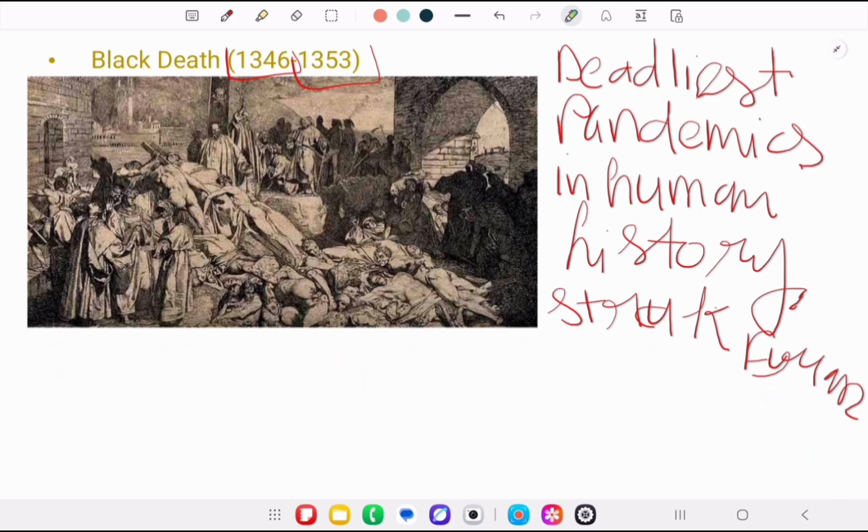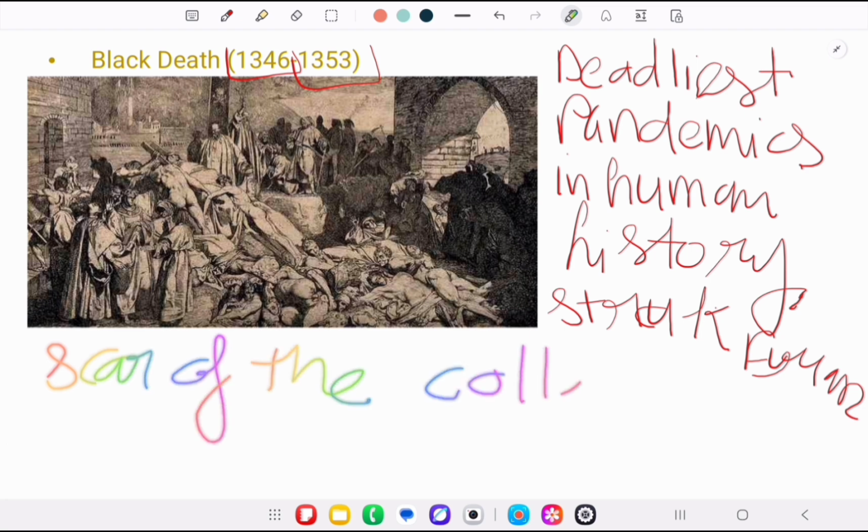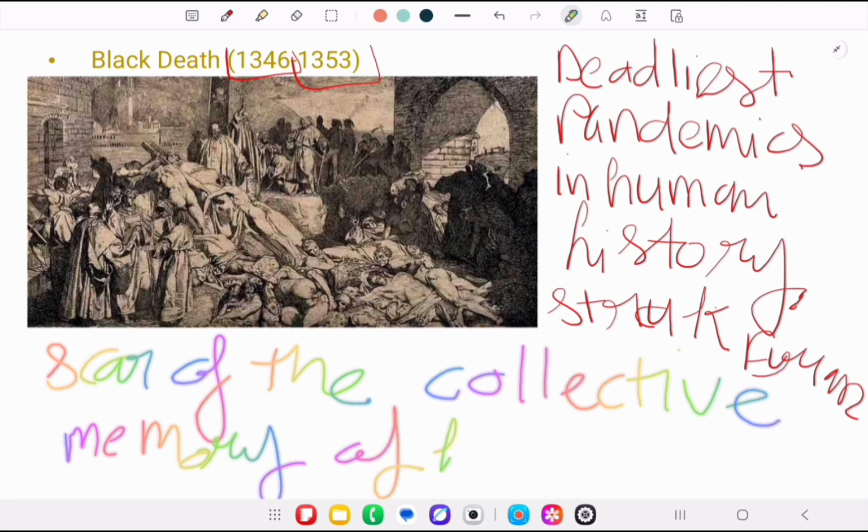The plague's consequences endured for generations, shaping the course of European history and leaving a scar on the collective memory of humanity.